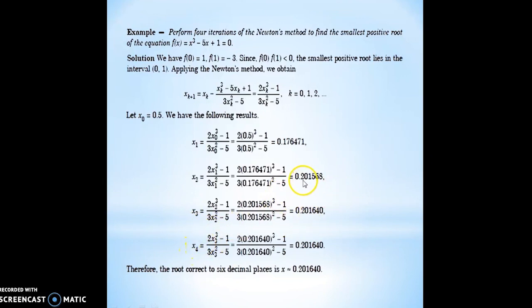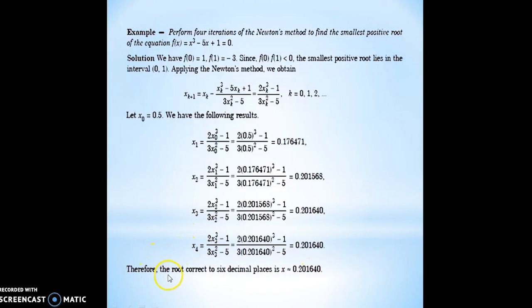See the difference in the approximations: x1 was 0.1764, x2 is 0.2015, later 0.2016. So it is getting close. One more you can do: take x4, and if you solve it, you will get 0.201640. So you can see that it is significantly closer, or you can say x3 and x4 are equal, so you have to stop the iterations.